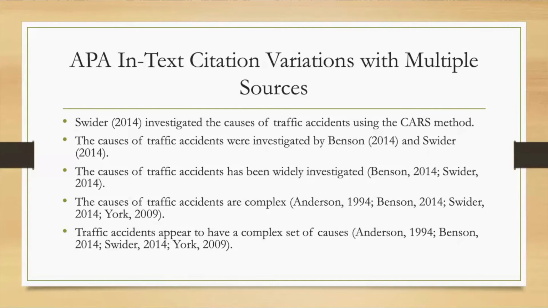So here we say traffic accidents appear to have a complex set of causes. So this is your claim as the author. From studying it, it looks like it might be complex. It might not, but here's the evidence I'm giving to you. So other hedging elements are might be, could be, etc. So you rarely state things with 100% certainty in your findings.